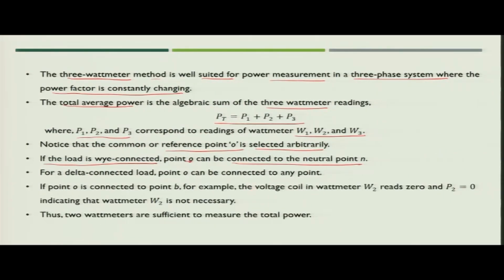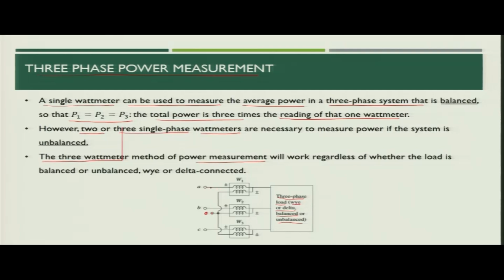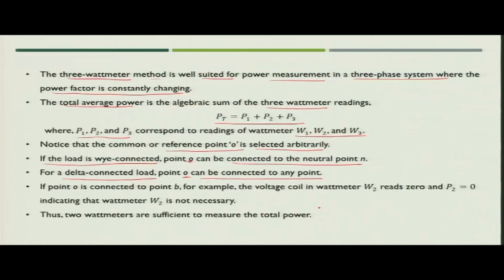Now, if the load is delta connected, in that case the neutral point will be absent. So, in that case the reference point O can be connected to any phase. So, we can connect to either A, B or C if the load is delta connected. For example, if point O is connected to phase B, the voltage coil in the wattmeter W2 will read 0.